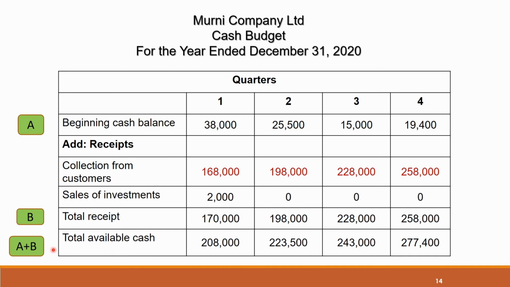So 170,000 plus 38,000, then you get the amount 208,000. And you have to do the same step for quarter two, the third quarter, and the fourth quarter.